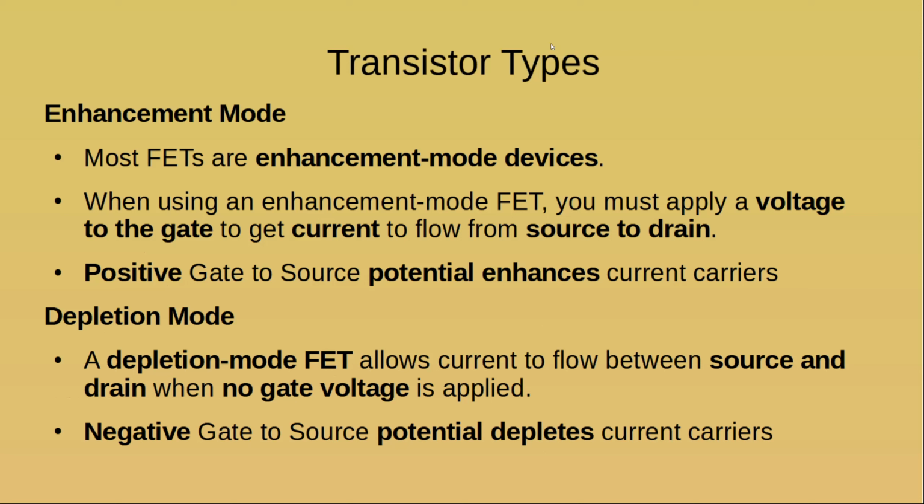There are some called depletion mode, where with no voltage on the gate, current will flow. So you actually have to apply a negative voltage on the gate of the depletion mode to control the current flow, whereas you apply a positive signal and bias on the enhancement mode FET to cause it to conduct.